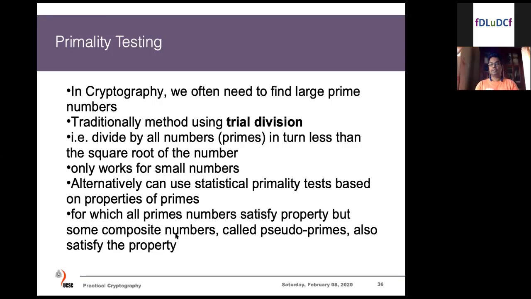If the GCD of P and r is greater than 1, that means P and r have a common factor. That means the number we generated, P, is not a prime number.